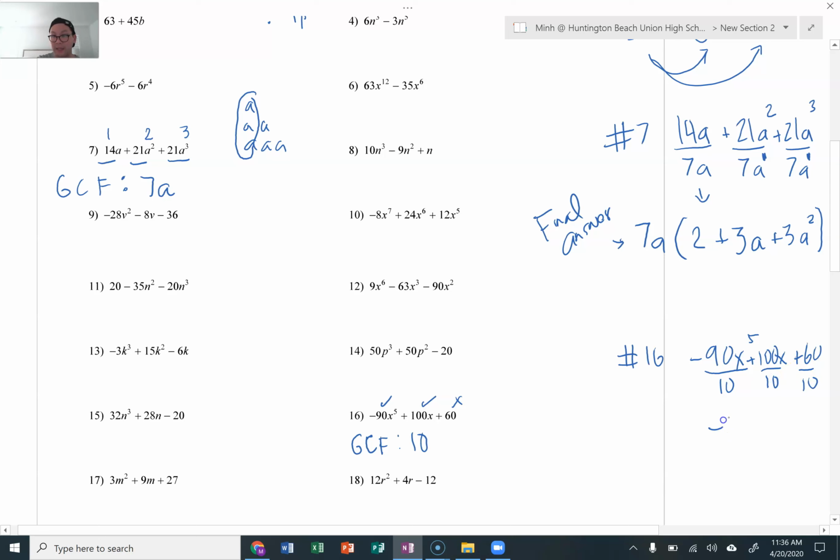So that's going to be negative 9x to the 5th plus 10x plus 6, and then I'm going to wrap whatever I finished dividing by in parentheses, and I'm going to stick my GCF in front of it, and so that's my final answer.